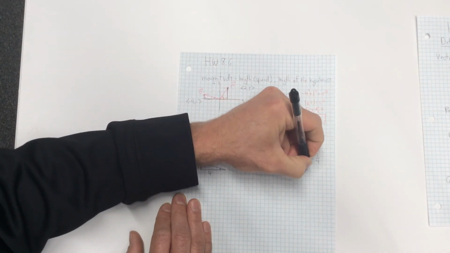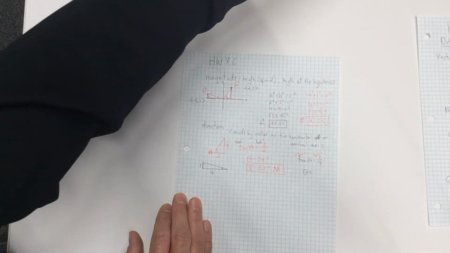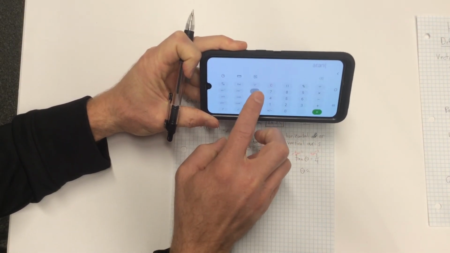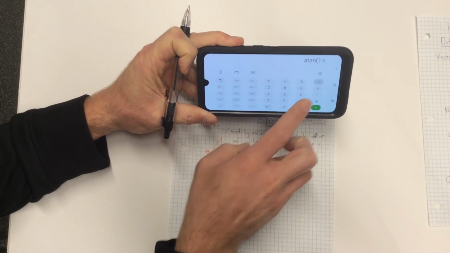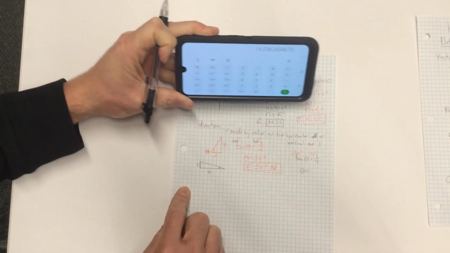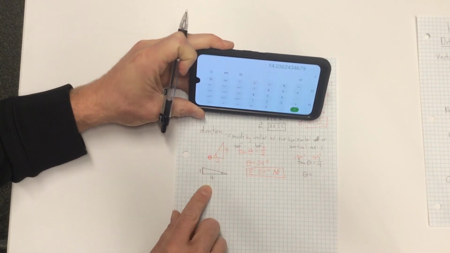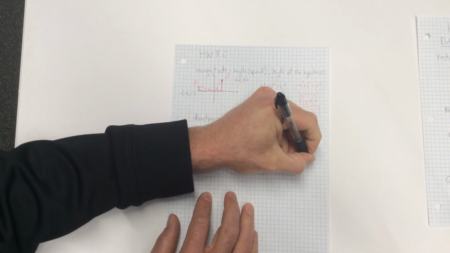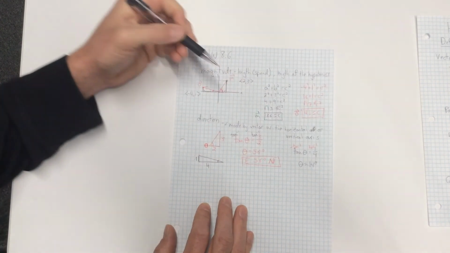And so theta is, and it actually is approximate because we're rounding, inverse tangent of 1 divided by 4 equals 14. And that makes sense. Look how small that is. That's a small degree. So approximately 14 degrees. Now let's give the direction.